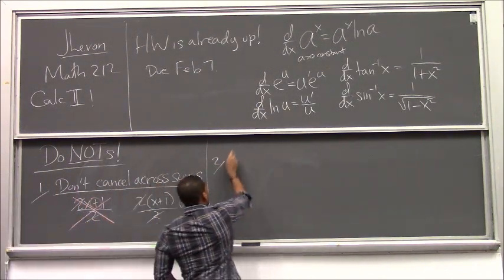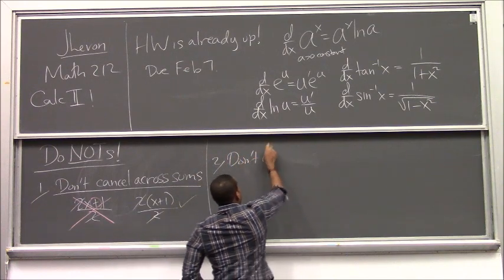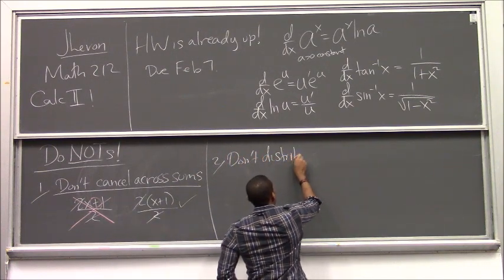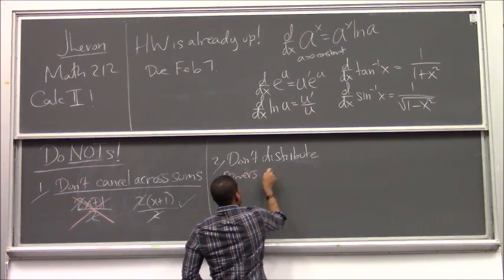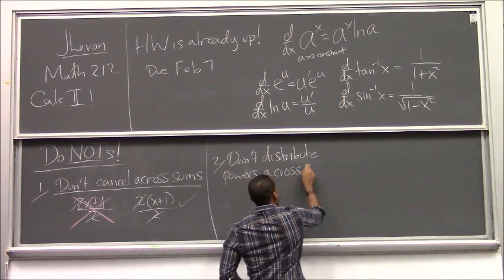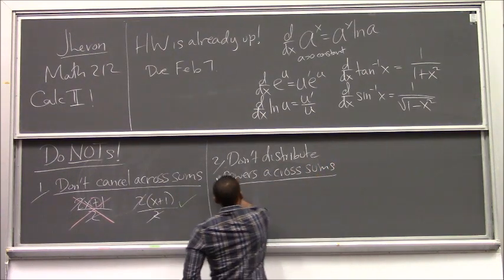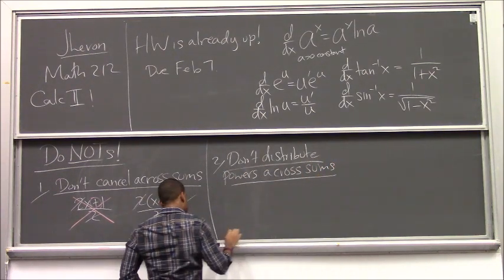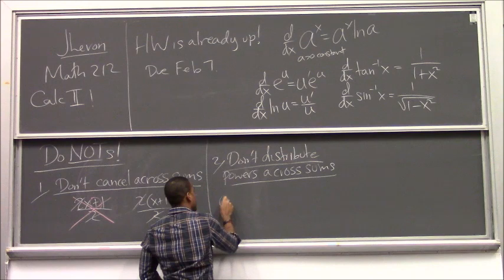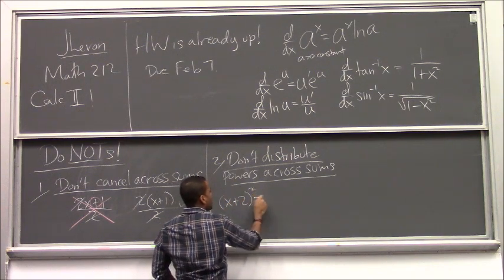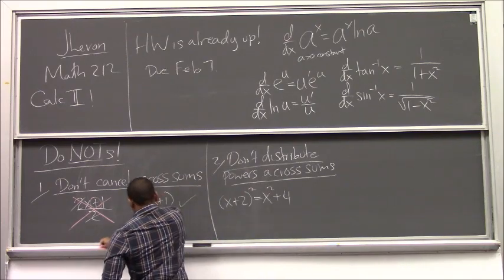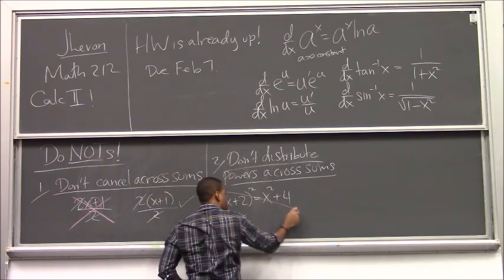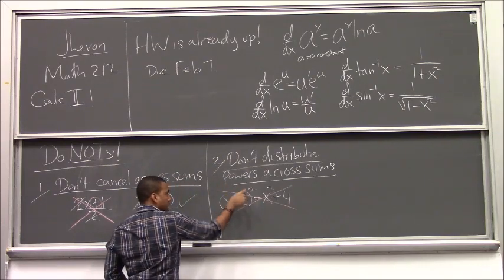2, don't distribute powers across sums. So if you see x plus 2 all squared, and you tell me that's x squared plus 4, very bad. No, that's not x squared plus 4. You cannot take the 2 and just attach it to each part.